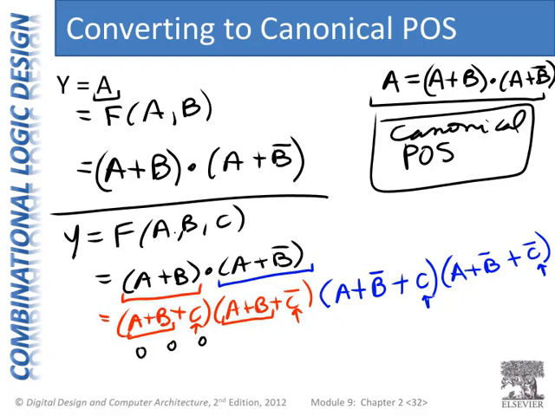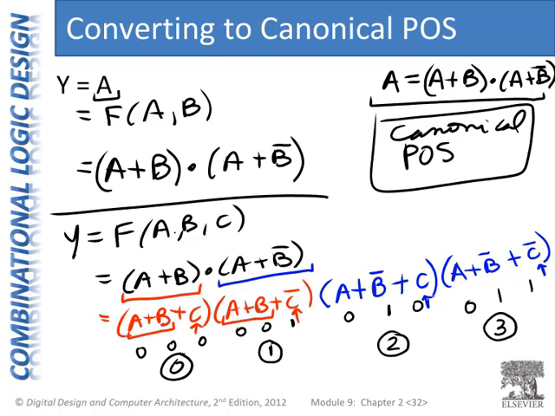So we have the 0, 0, 0 max term, then the 0, 0, 1 max term 1, 0, 1, 0 max term 2, and 0, 1, 1 max term 3.